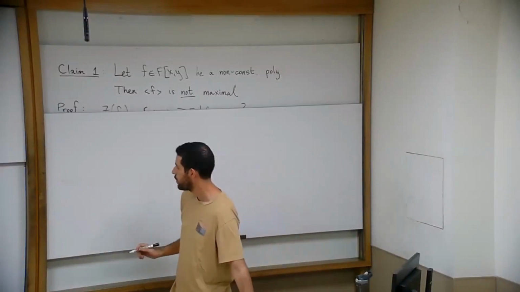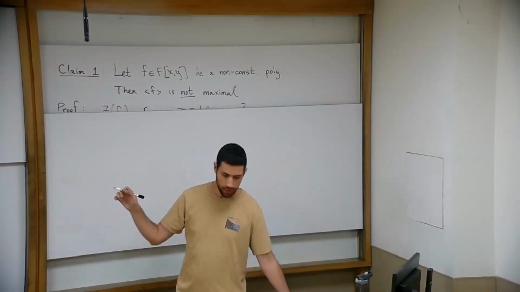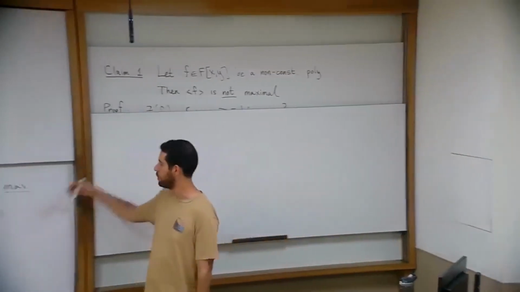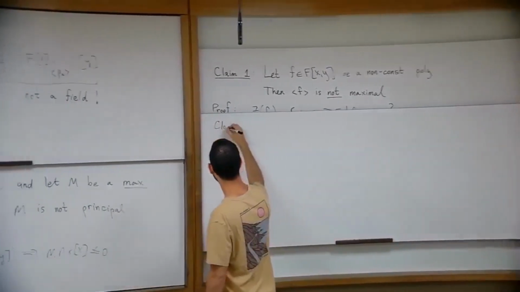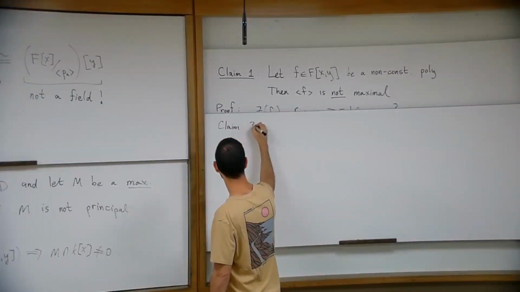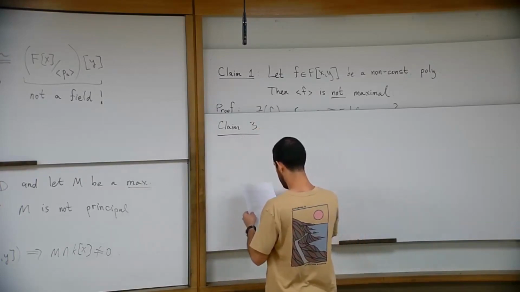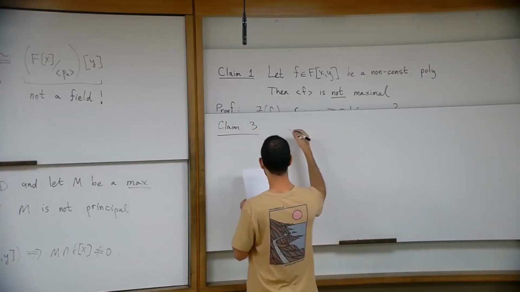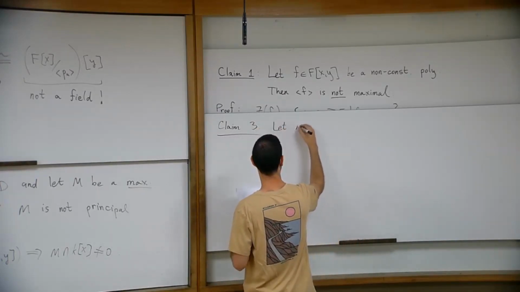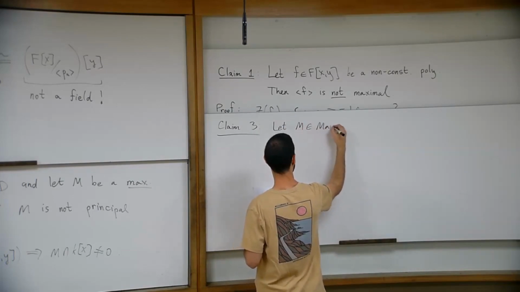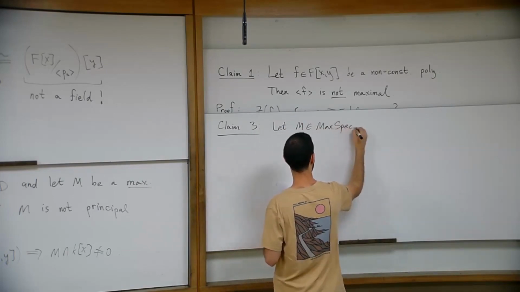Okay. So maybe before we give the proof of claim 2, let's see why now we can finish. So the third claim is: let M be a maximal ideal of K[x,y].